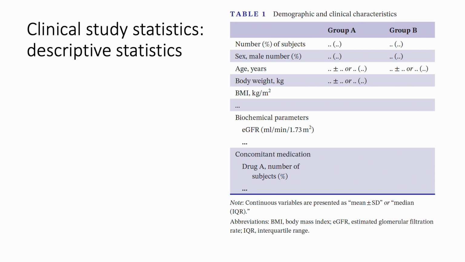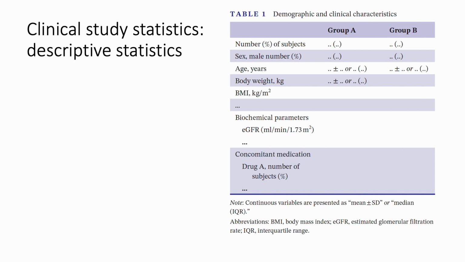For the body weight, we can say we have 200 patients. Their average body weight is 75 kilograms plus or minus 10, the standard deviation. For the body mass index, I would say the average is 26, 27.